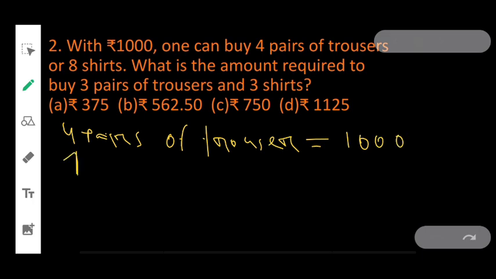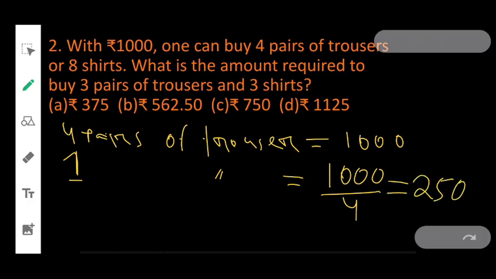So 1 pair of trousers equals, this is a direct variation obviously, because if 4 pairs of trousers is 1000 rupees, then 1 pair of trousers will be 1000 divided by 4. So 1000 divided by 4 will be 250 rupees.